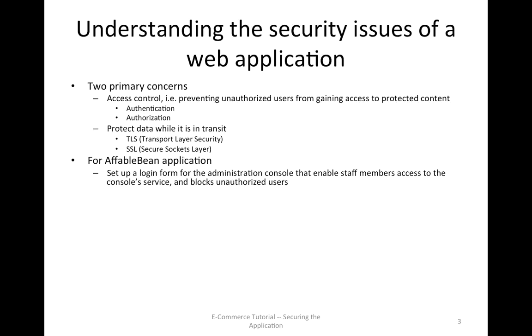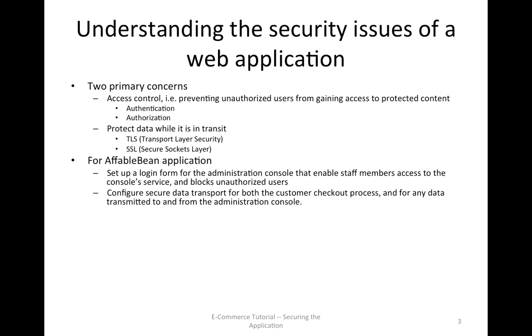First, we need to set up a login form for the administration console that enables staff members to access the console and blocks unauthorized users. Second, we need to configure secure data transport for both the customer checkout process and for any data transmitted to and from the administration console.